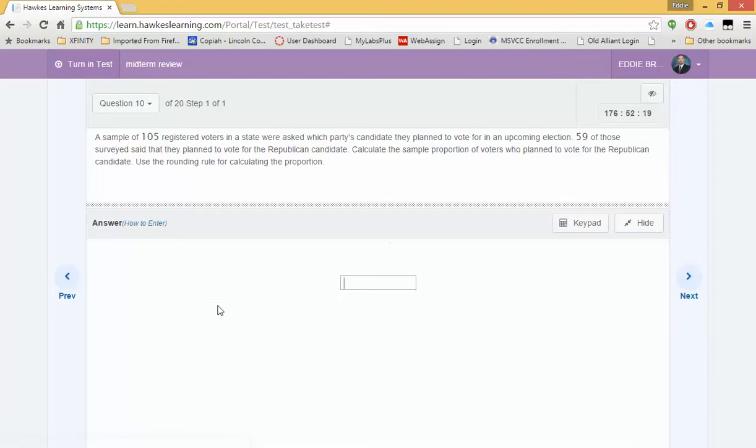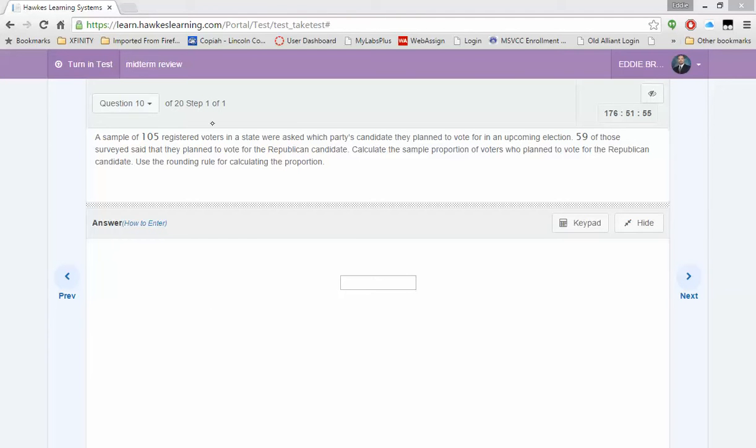Okay. A sample of 105 registered voters in a state were asked which party's candidate they plan to vote for in the upcoming election. Now, that was very confusing. It didn't sound like I read that at all. Let's see.